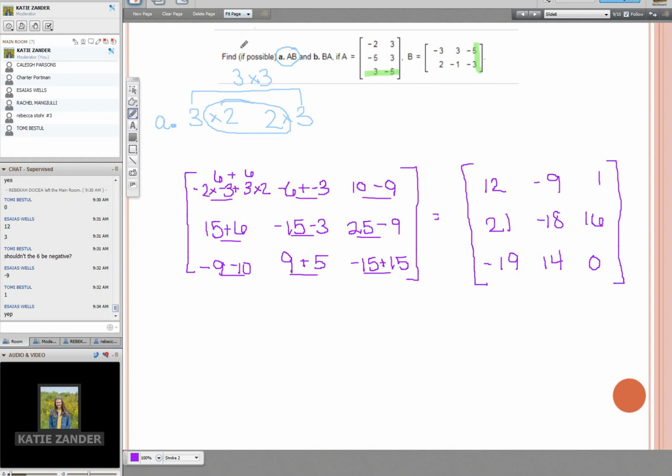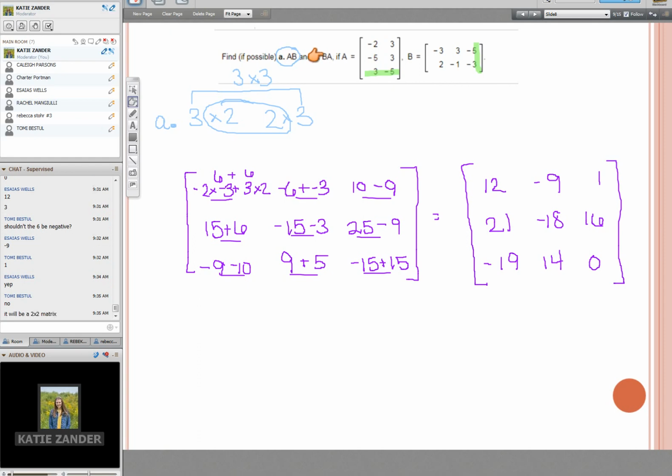All right, then my question to you is, if I reverse the order here, A times B and B times A, will I get the same result? No, Tommy says no, we're not going to get the same result. Because actually the whole matrix itself would take on a different order.